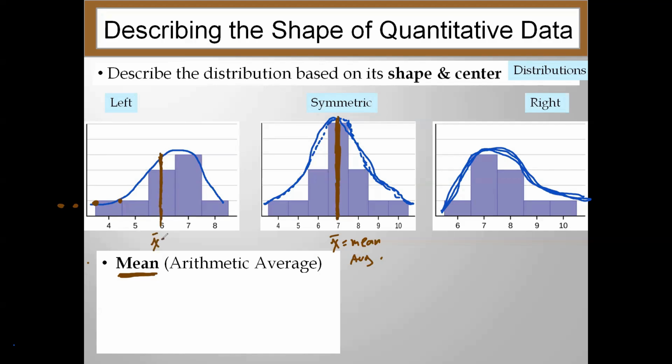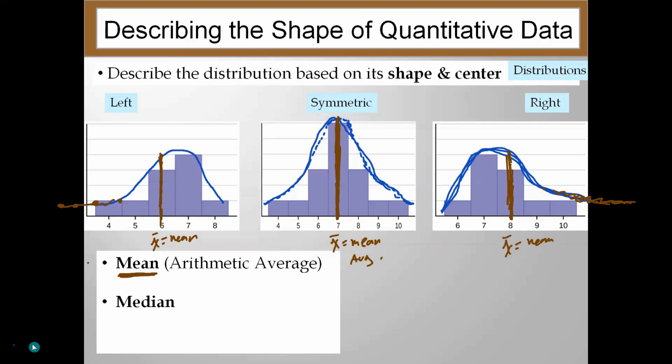So we can say, hey, that's where our X bar, or our mean, is. Similarly, when we talk about the right skewed graph, since it pulls the graph positively to the right, we can expect a possible mean closer to the value of 8. So our X bar would be our mean, somewhere maybe in the 8 range.